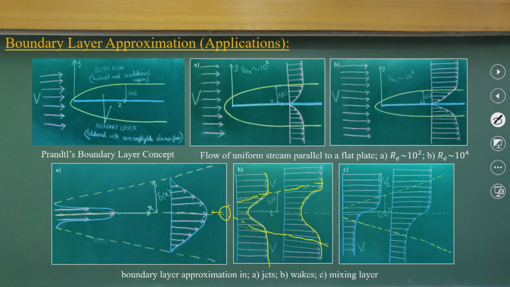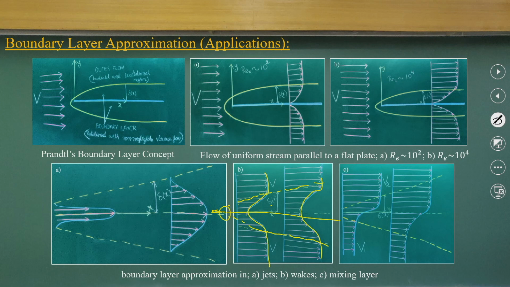This can also be treated with the boundary layer concept to solve how the wake grows. Downstream of a moving boat there will be a wake, which is similar to boundary layer formation.